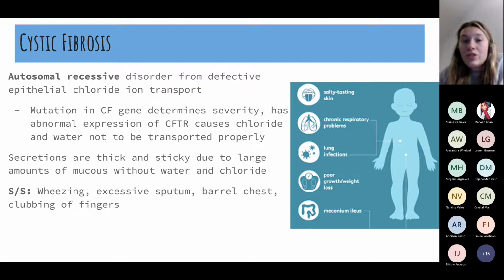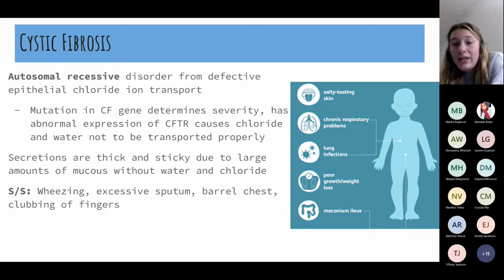Because of this mutation, these patients are going to have really thick and sticky mucus that gets stuck in their lungs, airway, etc. So these patients are going to require a lot of chest physiotherapy, and they're probably going to be on an array of medications. These kids have a pretty hard time.